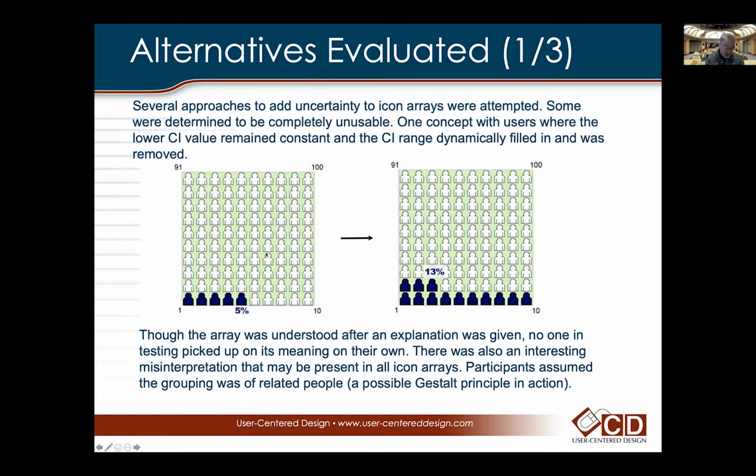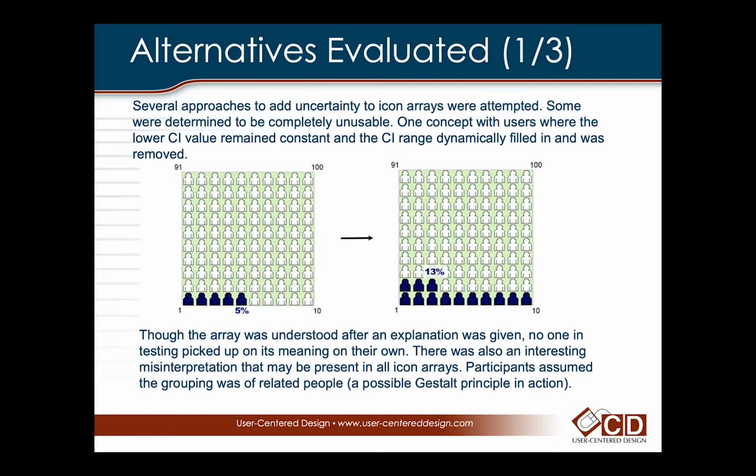And so it really conveyed a message we were not intending to convey. It was supposed to show the idea of uncertainty in risk predictions. Any given individual has a percentage chance of developing this cancer. But instead, it caused people to group them together, a kind of overuse of the Gestalt principle of similarity here.